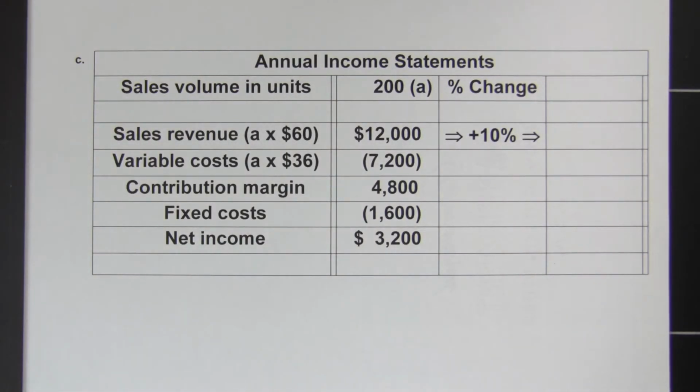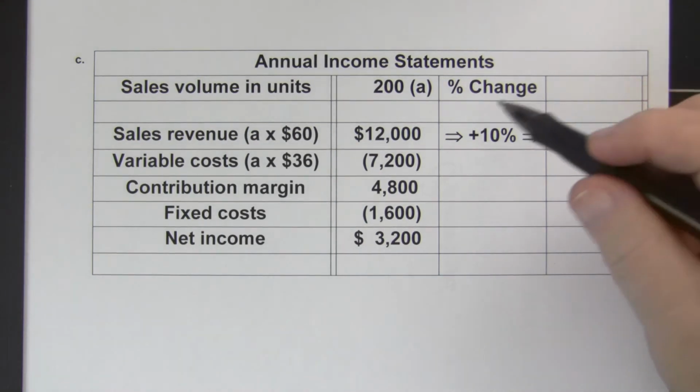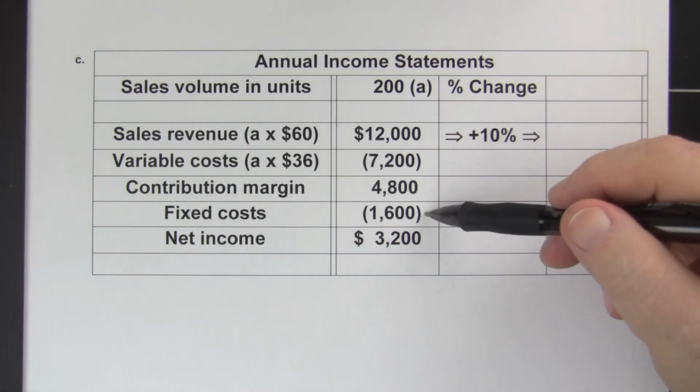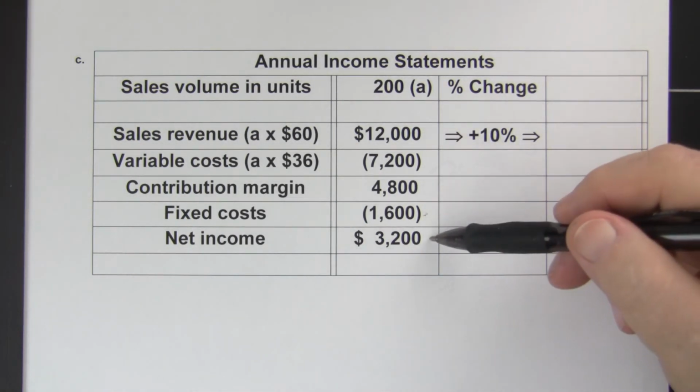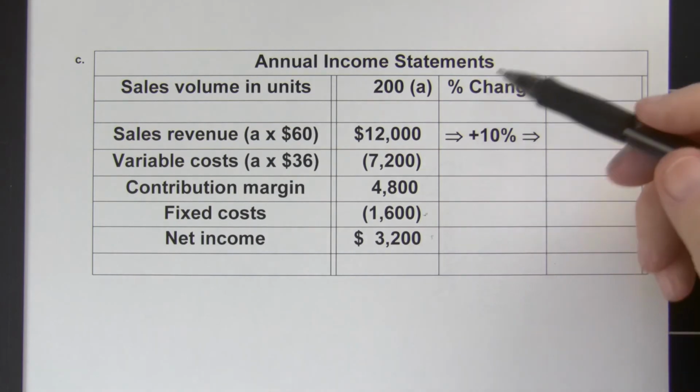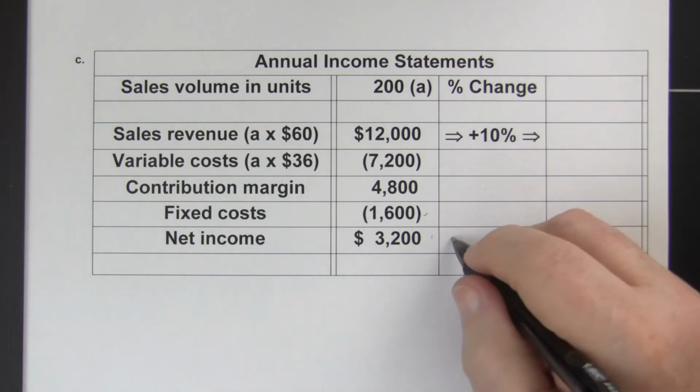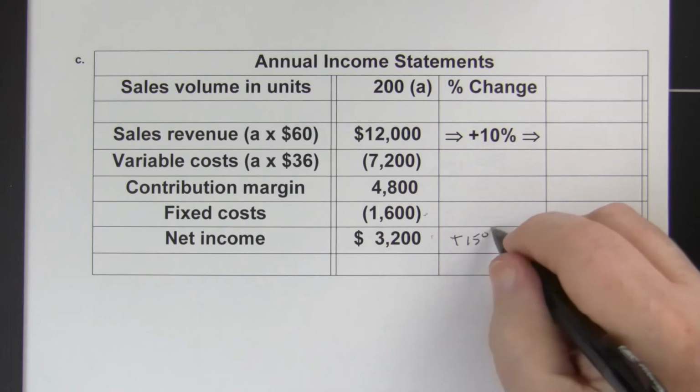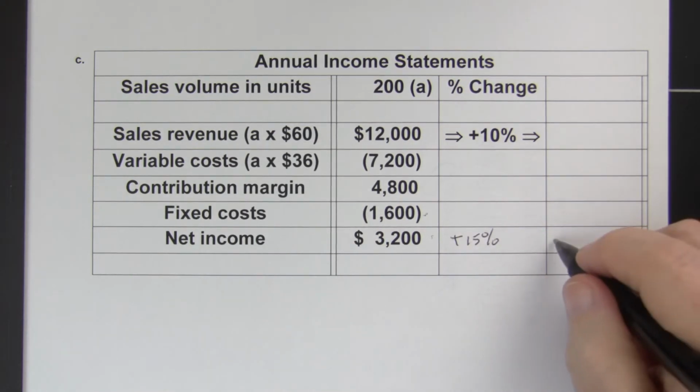That's the important part. Now, the next thing it says is, okay, prove it. Well, we're going to increase this by 10%, and then we're going to see what happens at the bottom here. And if our theory holds, that should be 15% more.